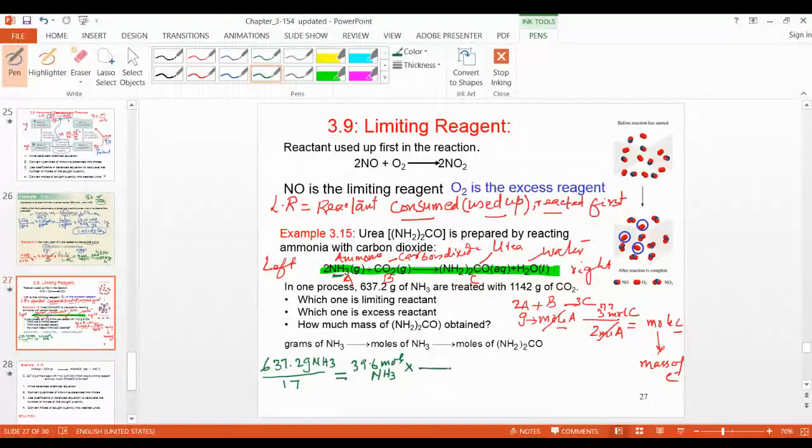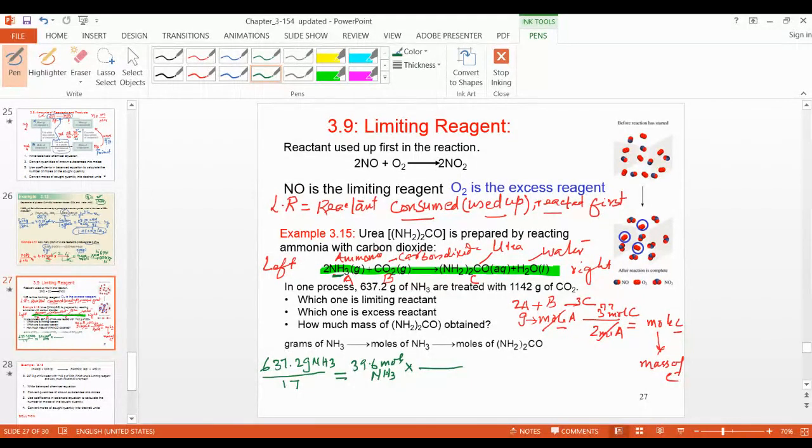Now again, I told you, the ratio between what? Tell me now. The ratio between what moles? NH3, where should I write NH3? On the bottom, because you are cancelling the NH3.